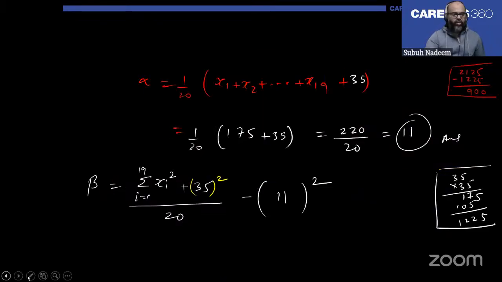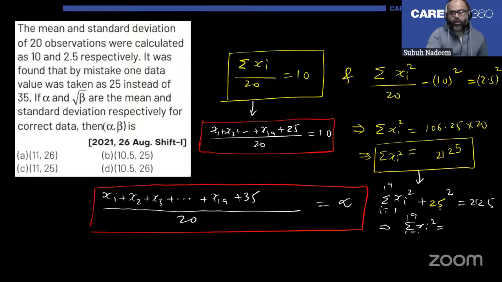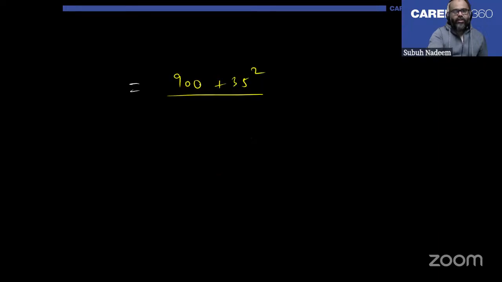So 2125 minus 625 we will do. It will be 1500.